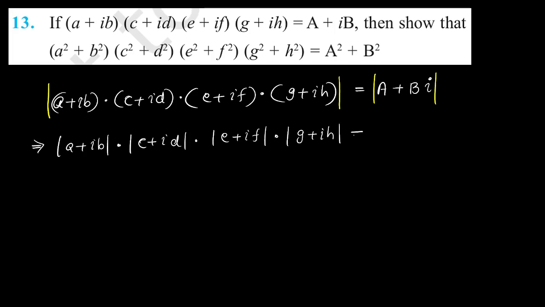Using the property modulus of z1, z2, z3 etc. equal to mod z1 into mod z2 into etc. And the right side is modulus of a plus bi.